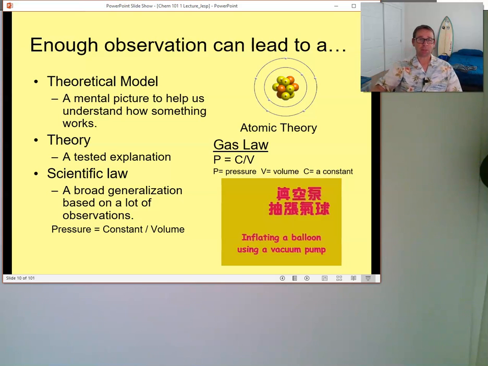And generally when it becomes a scientific law, you get an equation, like this one here, where pressure is equal to a constant divided by the volume. This isn't an equation you're going to memorize or want to know about at this point. At the end of the class, maybe we'll talk a little bit about it. But the thing we're trying to introduce here is that oftentimes scientific laws have equations associated with them. All right?